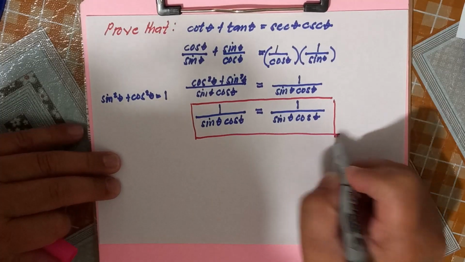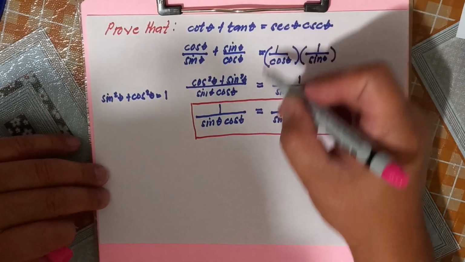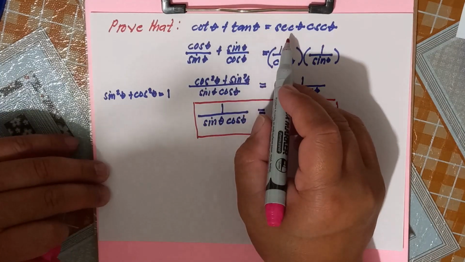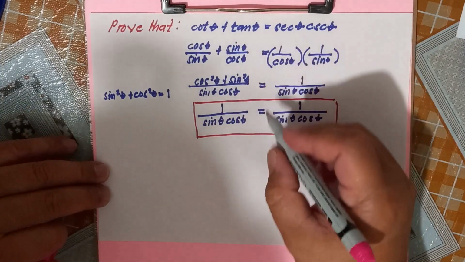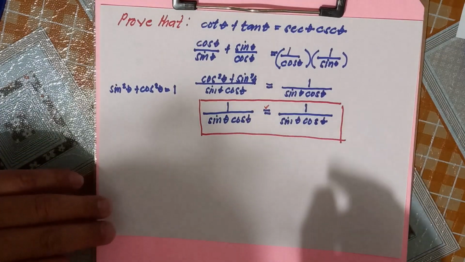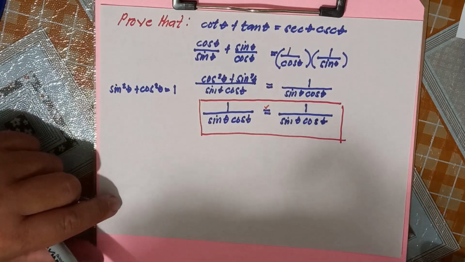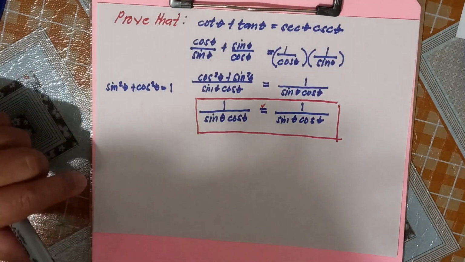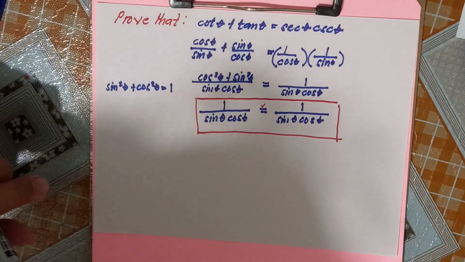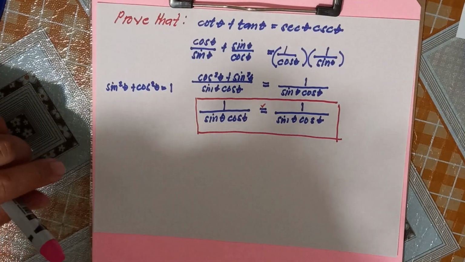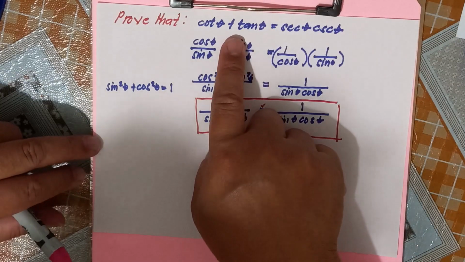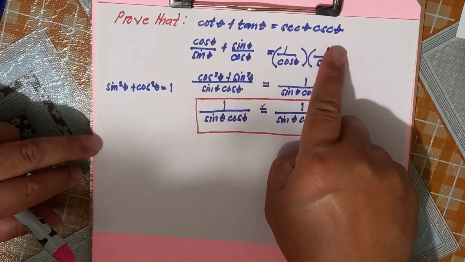We are done proving the trigonometric equation that cotangent theta plus tangent theta is the same as secant theta cosecant theta. That is how to prove a trigonometric equation using the double-sided method. When I say double-sided method, you manipulate the left side and at the same time the right side.